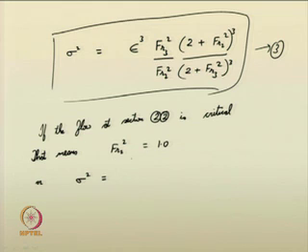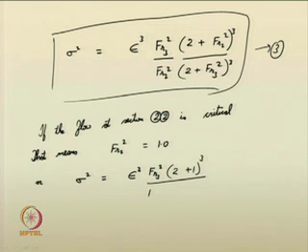sigma squared becomes epsilon cube Fr3 squared, and this is nothing but (2 plus 1) whole cube by 1 into (2 plus Fr3 squared) whole cube.